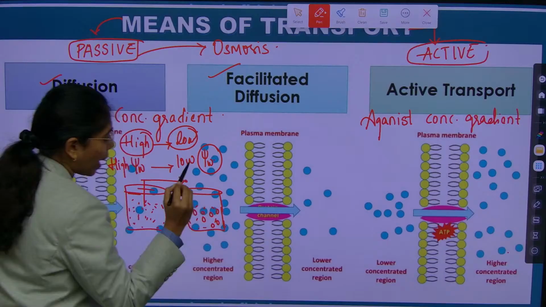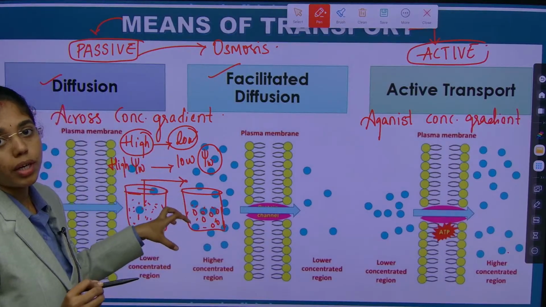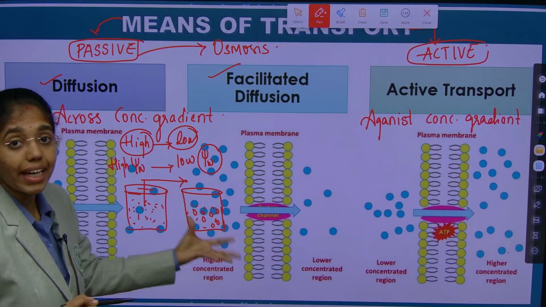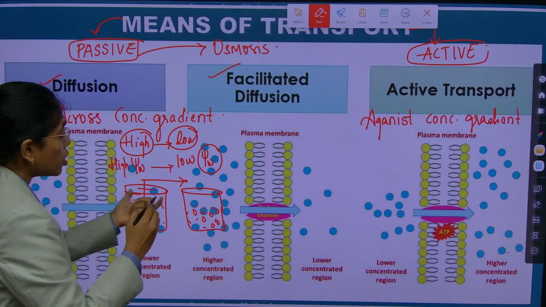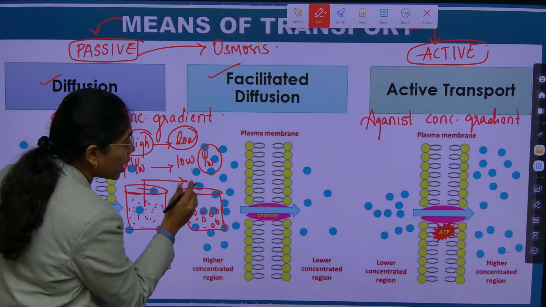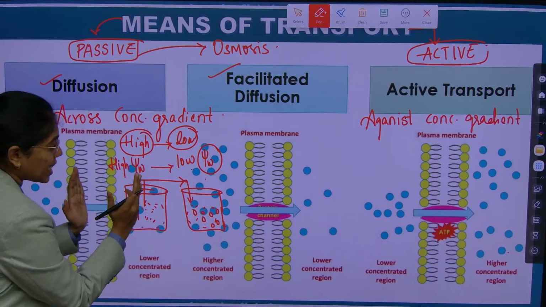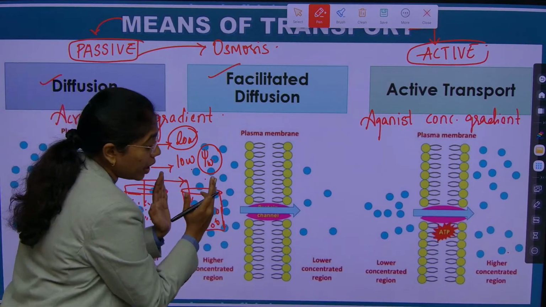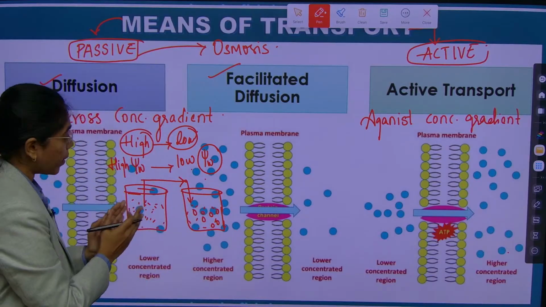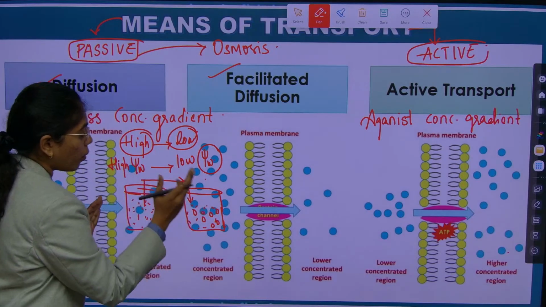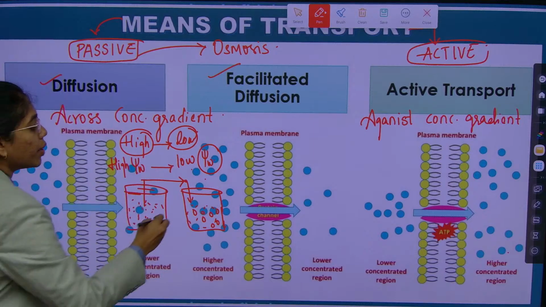These solute particles will reduce the movement of water, or the kinetic energy of the water molecules, which means the water potential is decreased in this beaker. Here it is high water potential, here it will be low water potential, right? So, from higher water potential to lower water potential, the molecules will be transported.